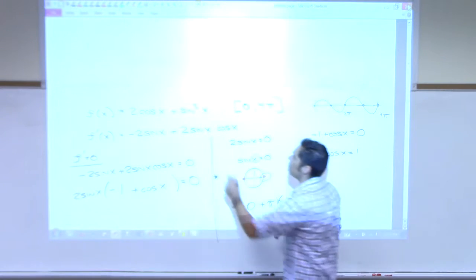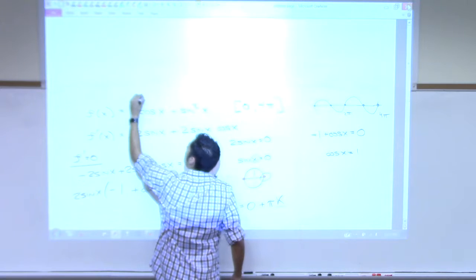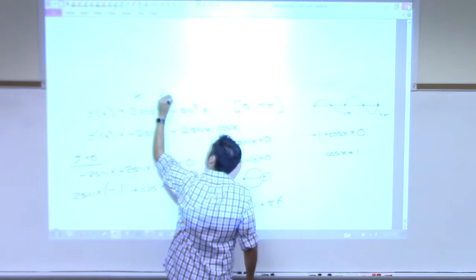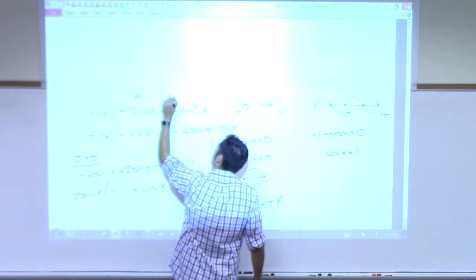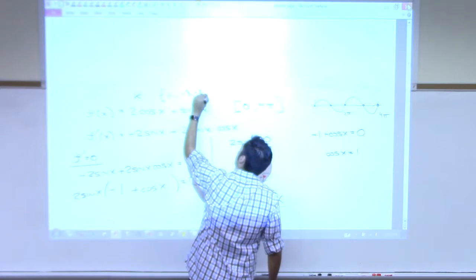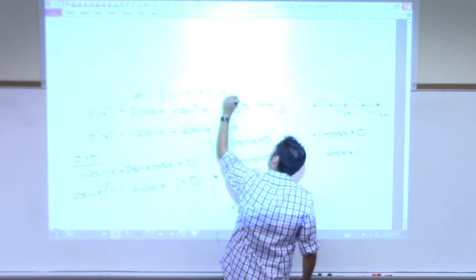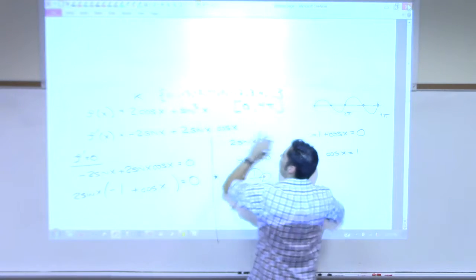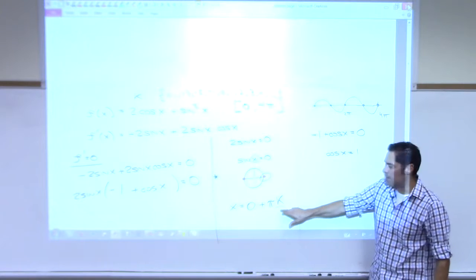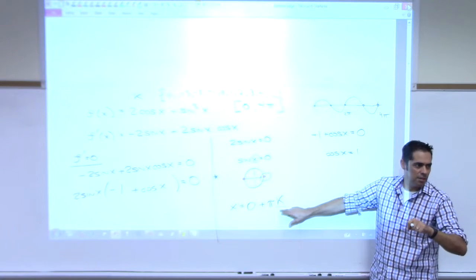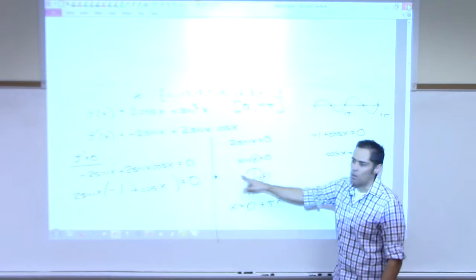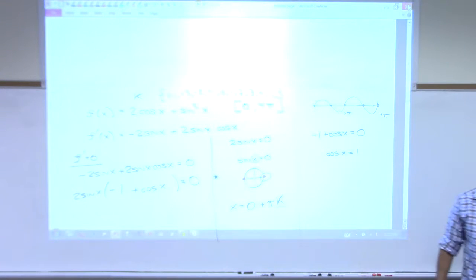K comes from the set of integers. K can be any integer. So any integer. If you plug any nice integer in here, 9, -10, I should land on one of those red dots. Make sense?